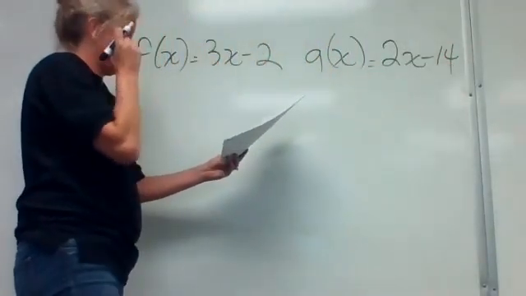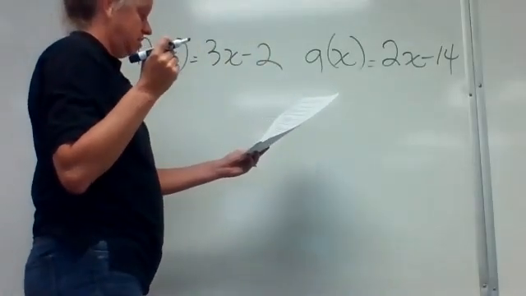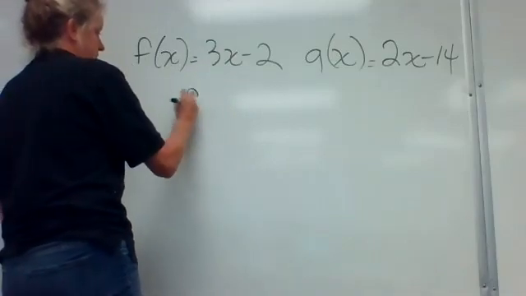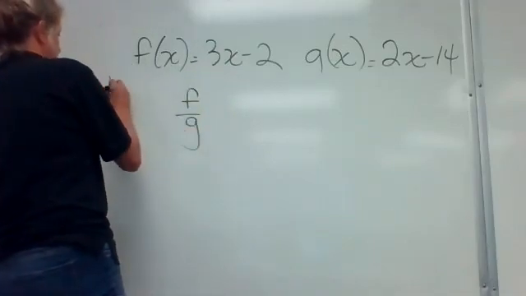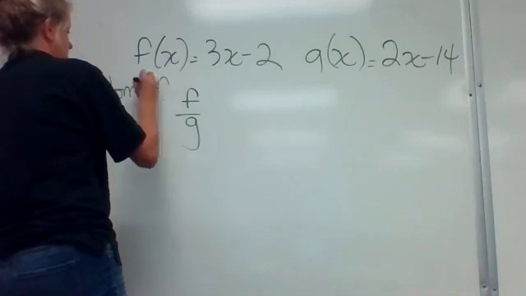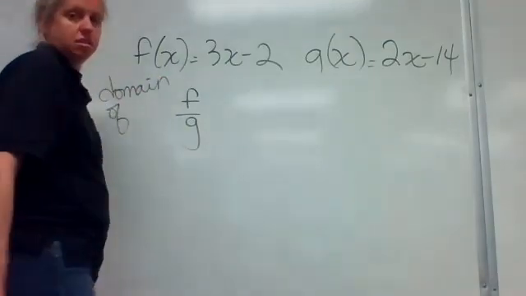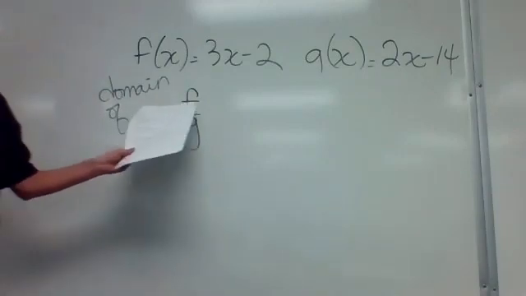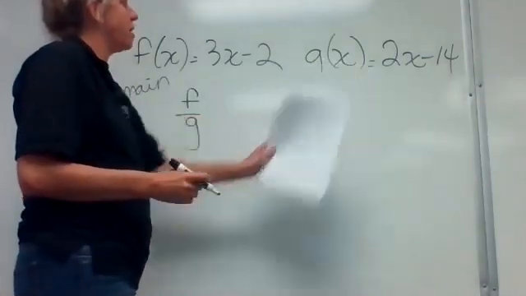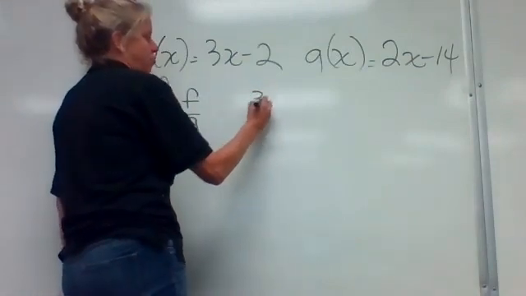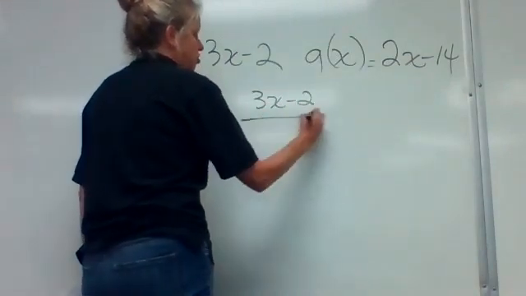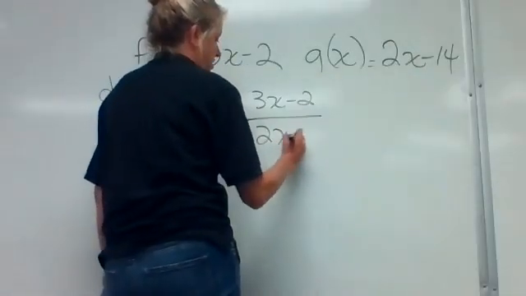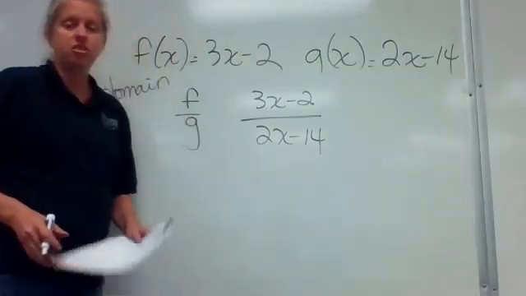And it wants me to find the domain of f over g. So let's see, if I put my f function over my g function, what am I going to have? I'm going to have 3x minus 2 over my g, which is 2x minus 14. It wants to know the domain of that.